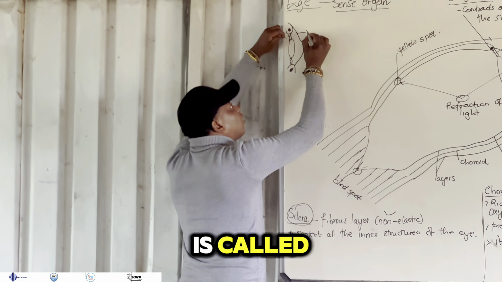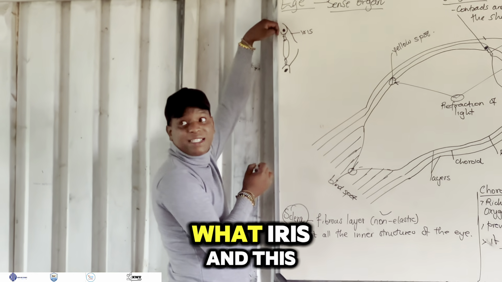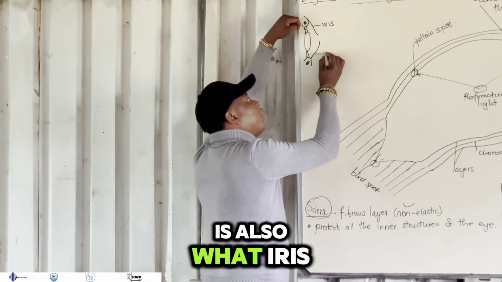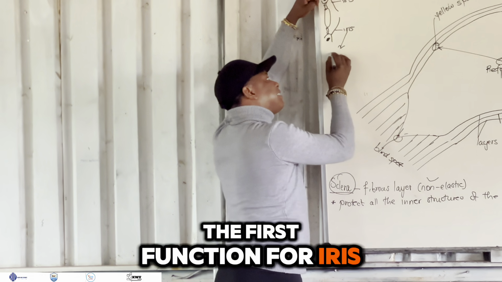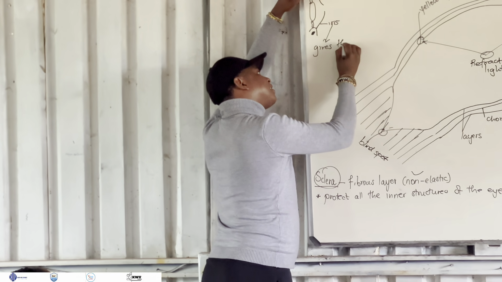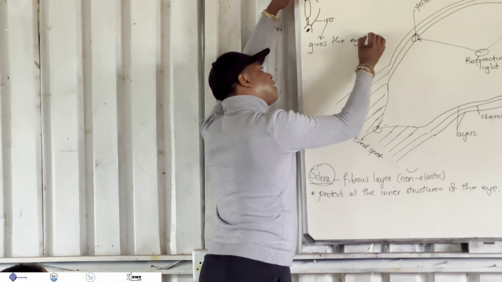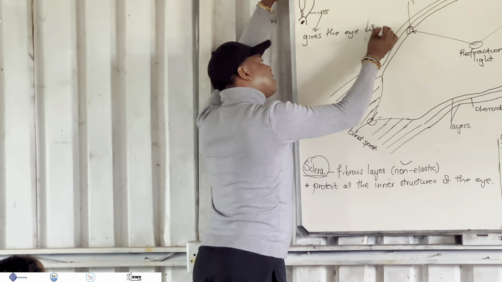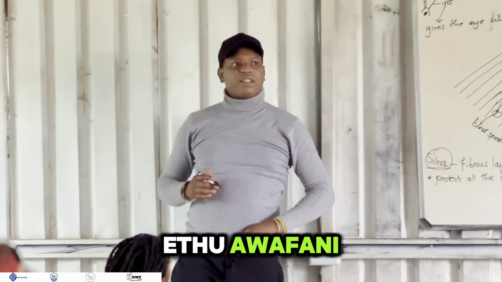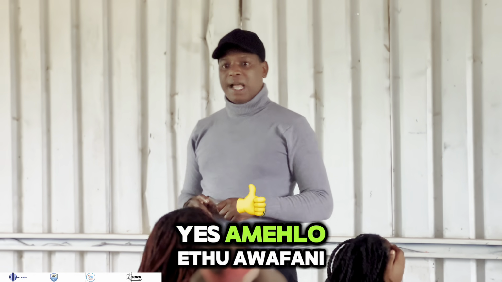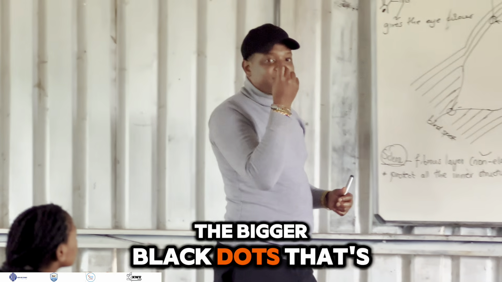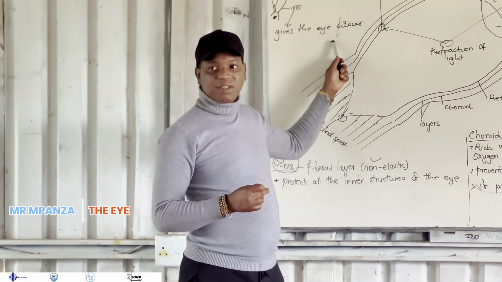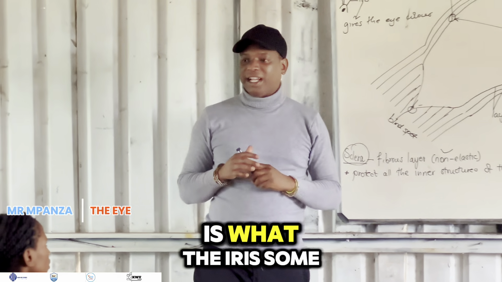Then we have what is called the iris. The first function of the iris is that it gives the eye color. Like when you look at someone's eye, the bigger black dot, that's your iris.